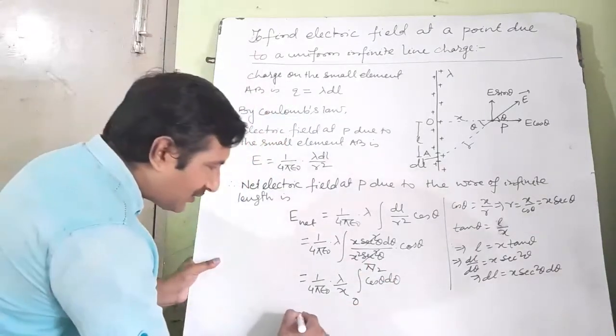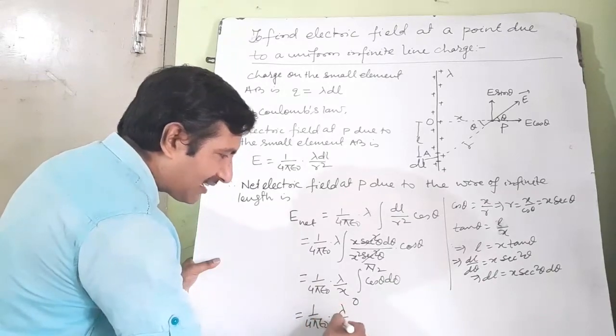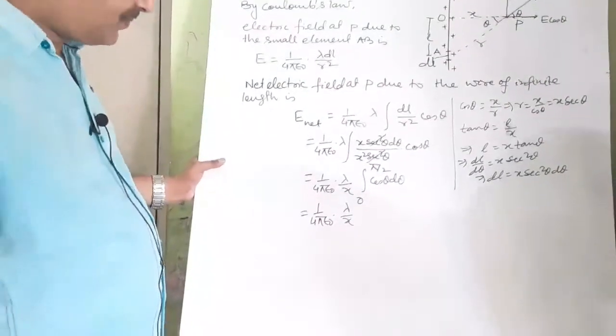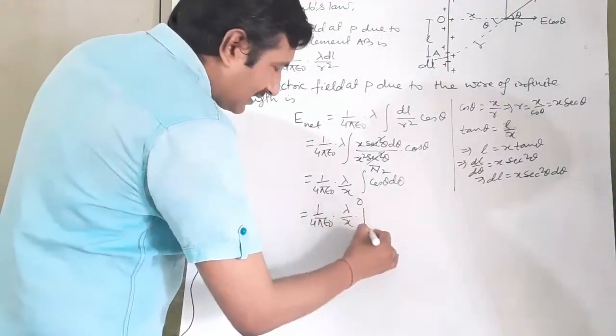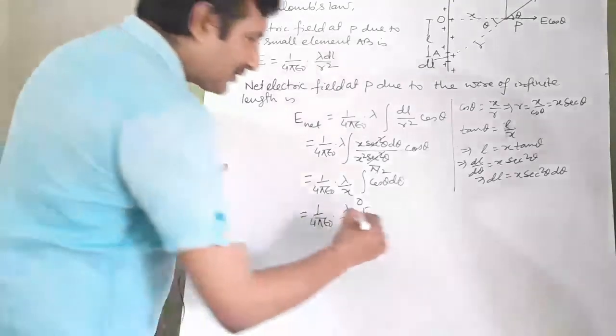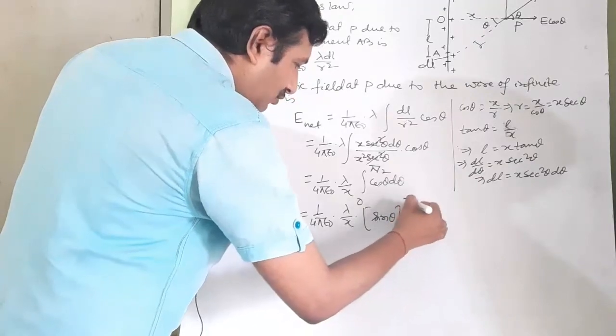Now this is 1 by 4 pi epsilon naught lambda by x, cos theta. Integration of cos theta is sin theta, from 0 to pi by 2.